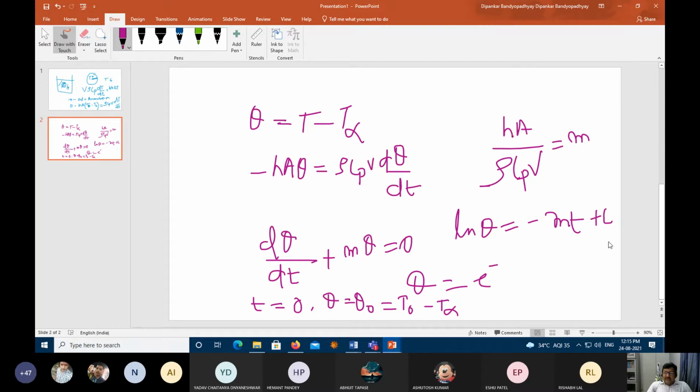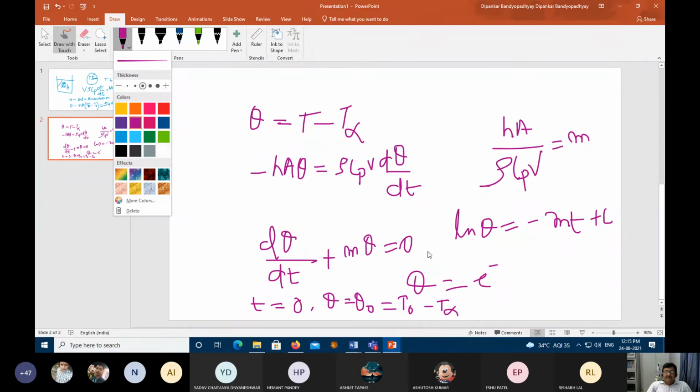So then what is C? Can anybody tell me what this C is? If I replace the initial condition, what is the solution in terms of this equation?